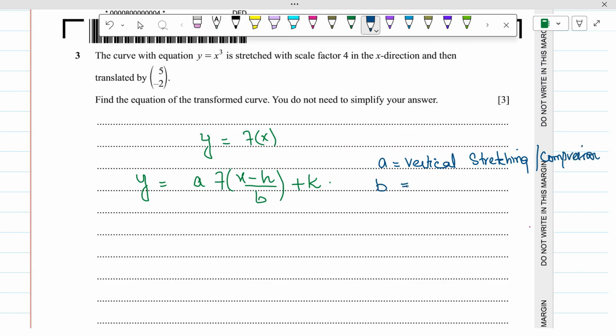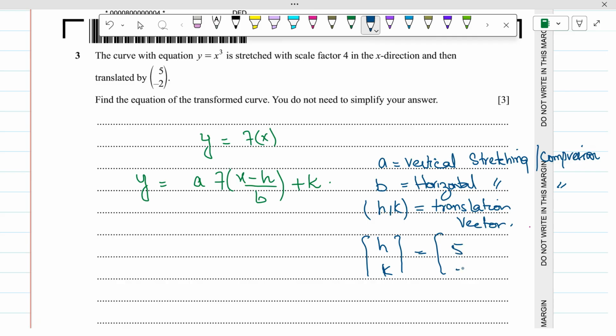Similarly, b is the horizontal stretching or compression. Now h and k are the translation vector, which is given as 5 and negative 2.